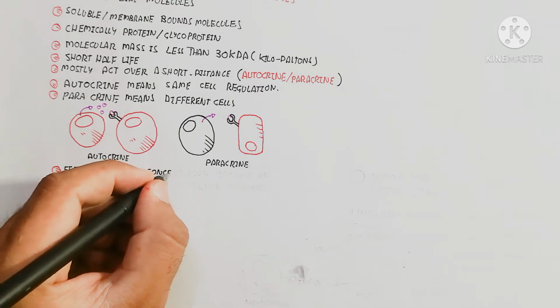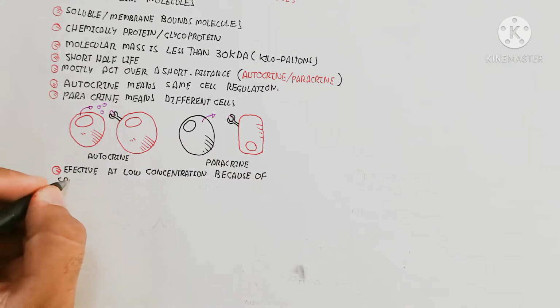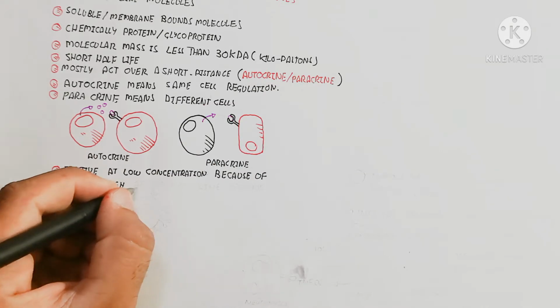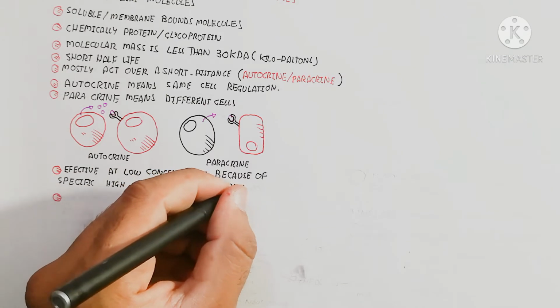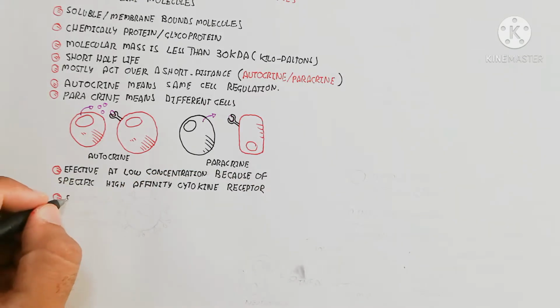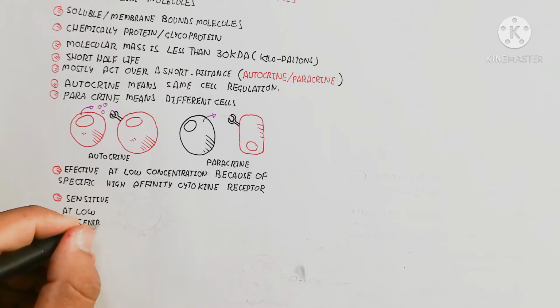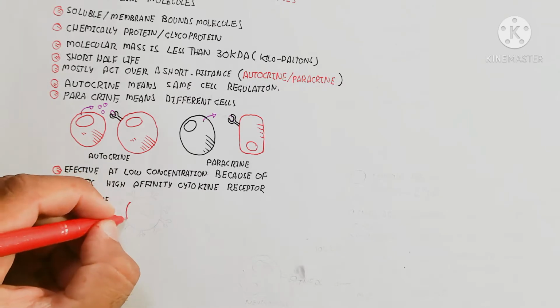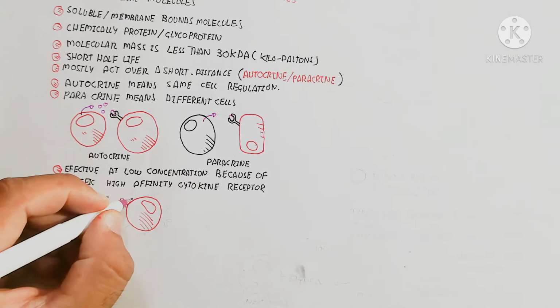Auto means automatically, one cell stimulates another in the same colony, while in paracrine one colony stimulates the other. The distance is very short for that signaling molecule.